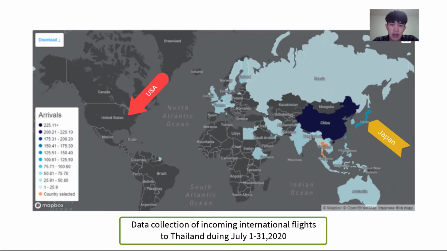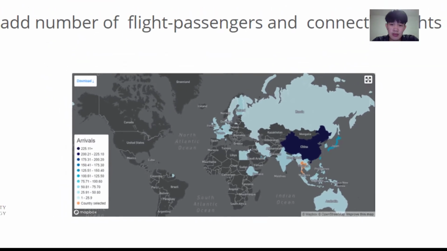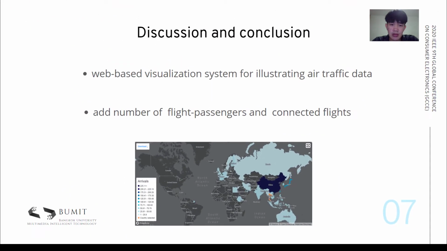That means the visualization will present both the direct flights and connecting flights from the origin. So some findings from this visualization need additional information to interpret the facts presented in the other visualizations.